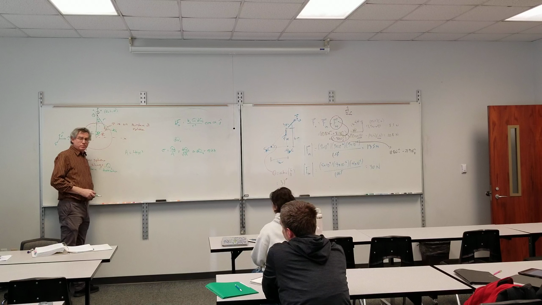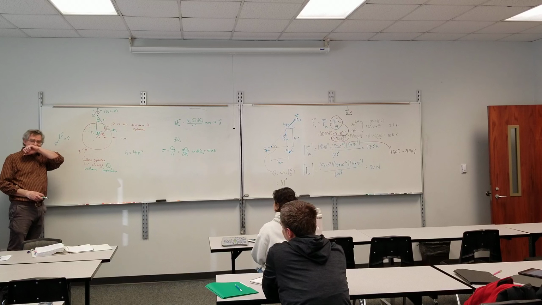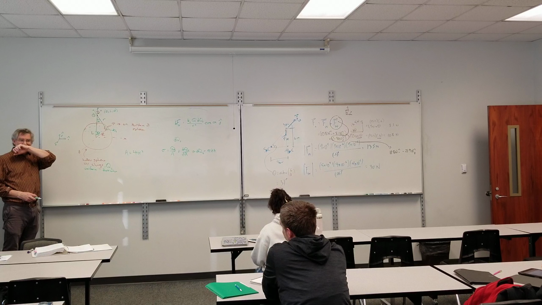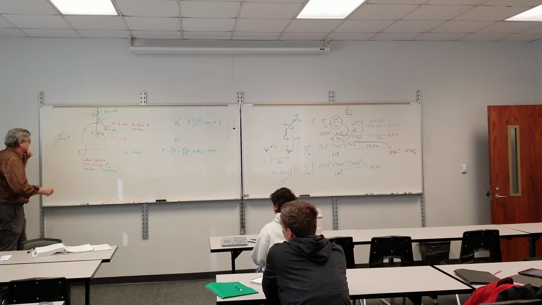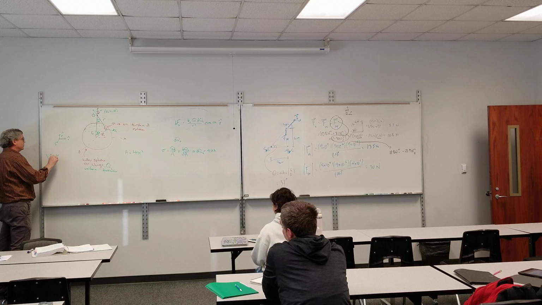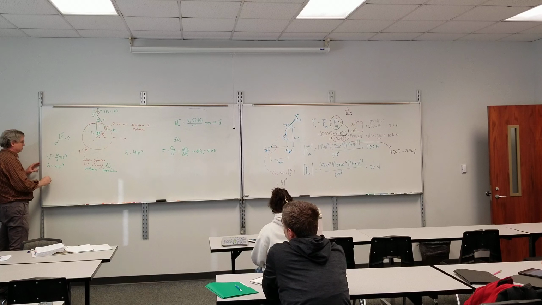What's the volume of the sphere? 4/3 pi r cubed. Volume of a sphere, 4/3 pi r cubed. If you take the derivative with respect to r, you get 4 pi r squared. Same works for a circle. This is for a sphere. For a circle, my area is pi r squared, and the circumference, the derivative with respect to r, is 2 pi.